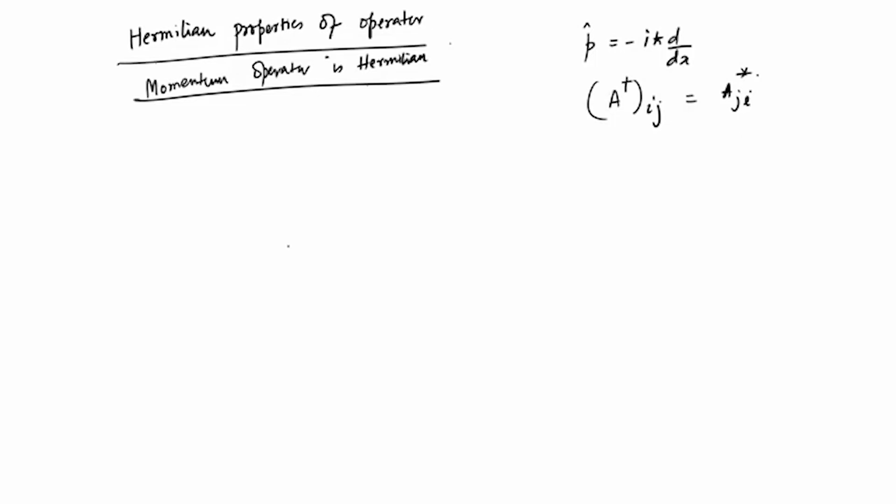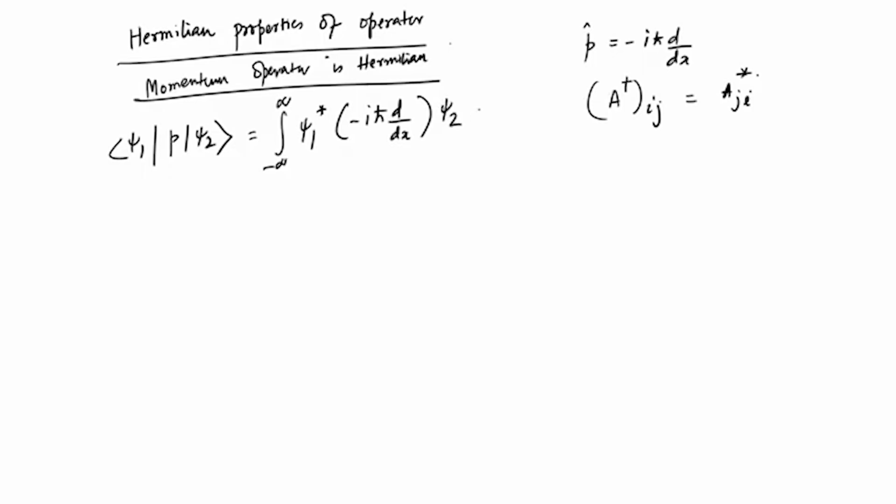So, let me show this for the momentum operator. We take this momentum operator between two eigenstates of the system, which let us say are psi 1 and psi 2, and we write it in the good old notation introducing these integrals. So, this is minus infinity to plus infinity, because there is a bra, we will have to write psi 1 star, and then the operator, which we have decided to write in one dimension.